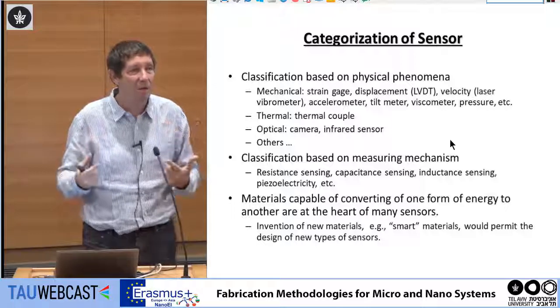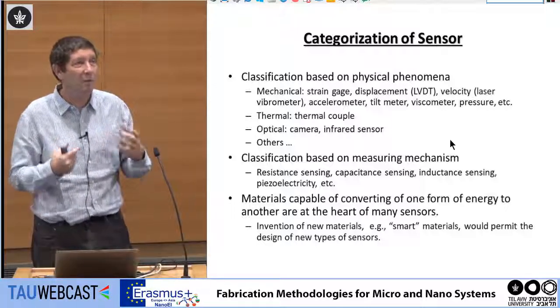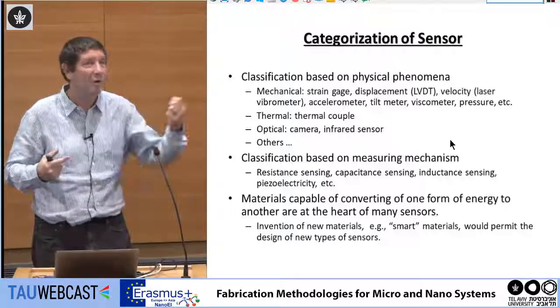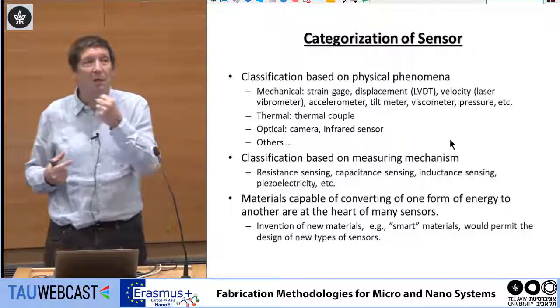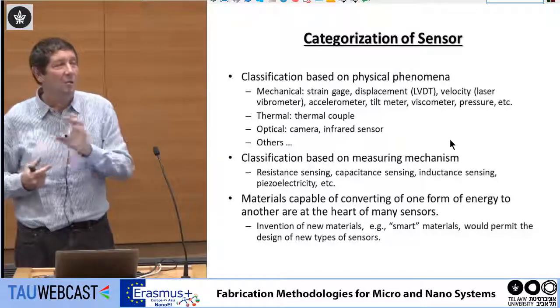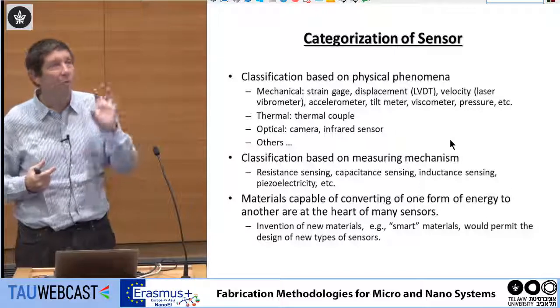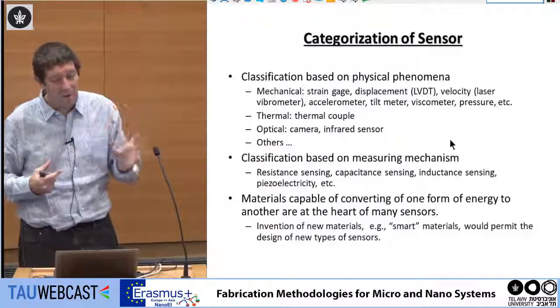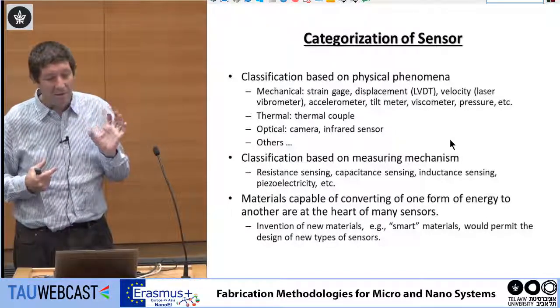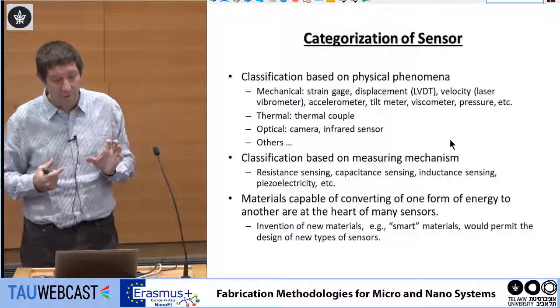I mention what I measure. So these are all mechanical sensors. I can use optical sensing, I can use electrochemical sensing. So this classification is by what I measure.